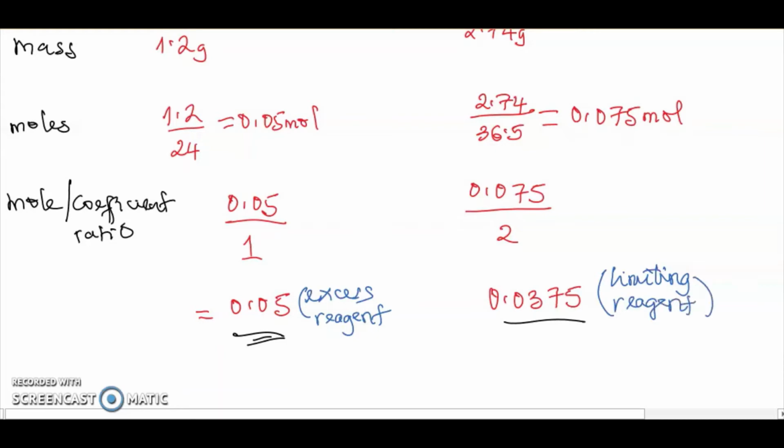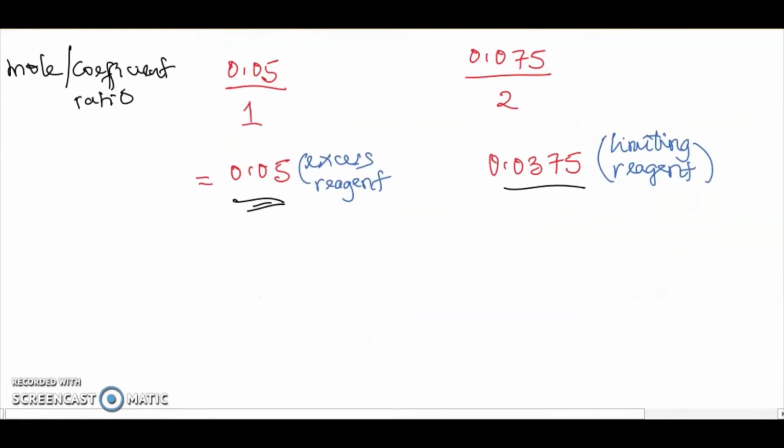So from this, we can conclude that hydrochloric acid, HCl, is the limiting reagent. It has the lesser mole per coefficient ratio.